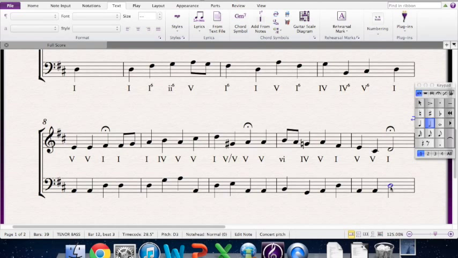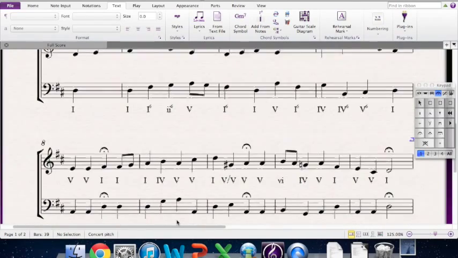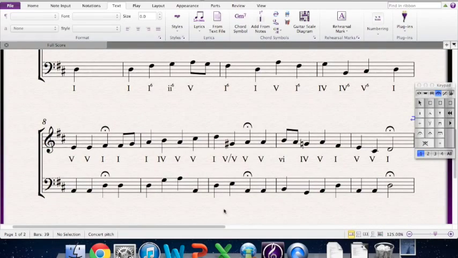Then for the sake of consistency, let's put fermatas over these bass notes as well. Okay, so this is in general what we have right now.